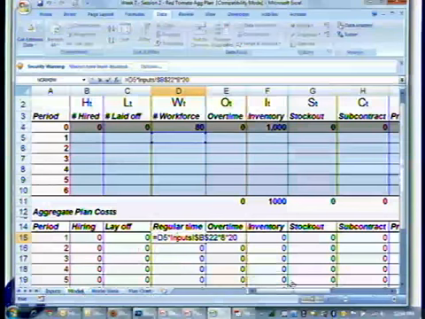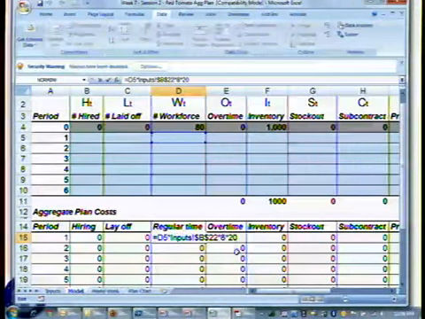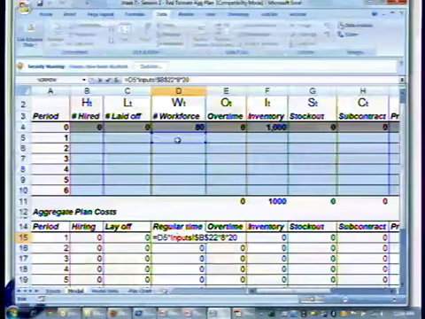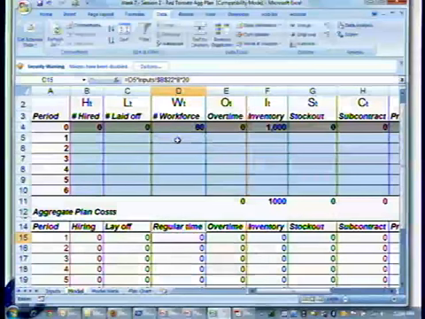I didn't select that. I'm not sure I could navigate around. Well, I'll try that again. Regular time per hour times 8 hours times 20 work days per month. Okay? So that's how we calculate our regular time. So our regular time calculation is a function of our workforce size, assuming 160 work hours per month.